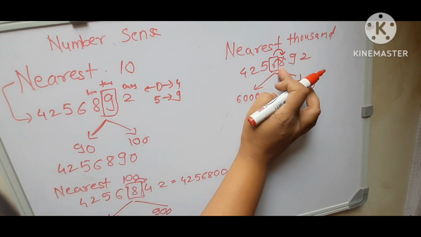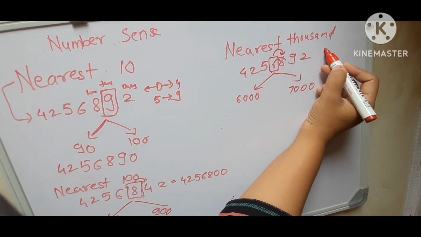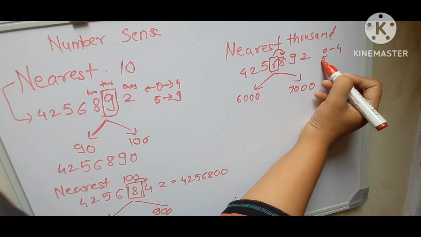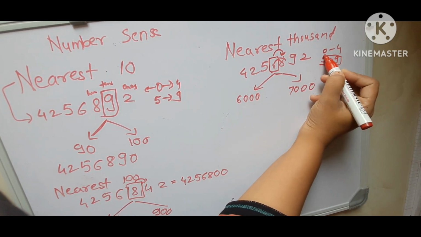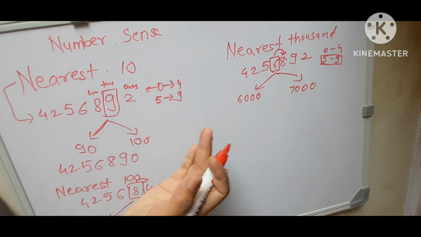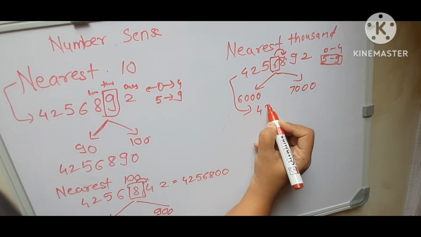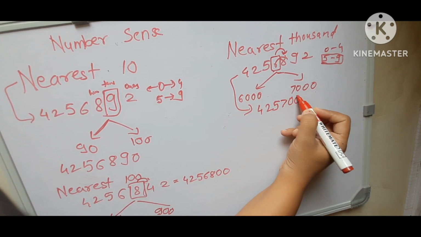So 8, as we all know, 0 to 4 is one group, and 5 to 9 is one group. So it is nearer to the greater part. In this case the nearest 1000 would be 4257000.